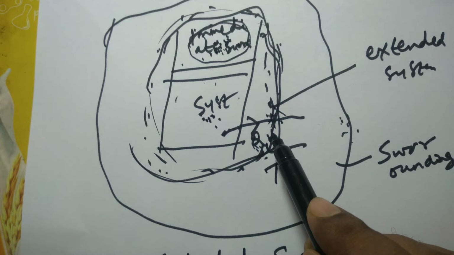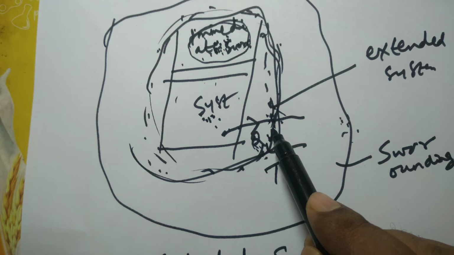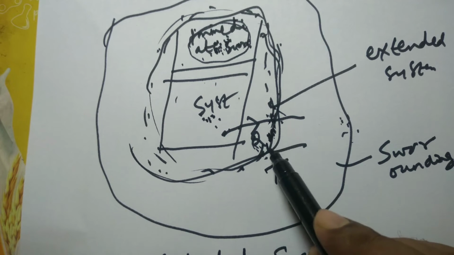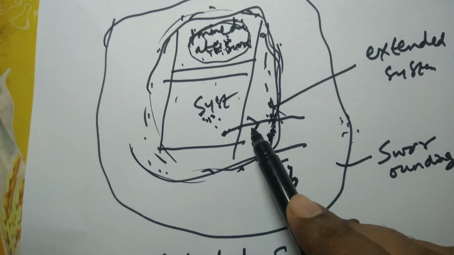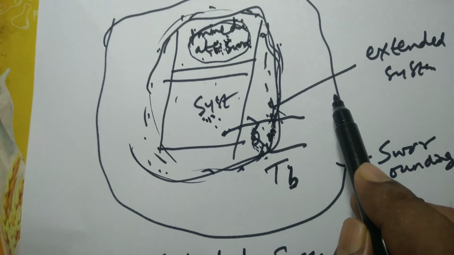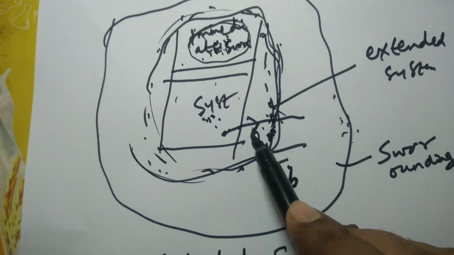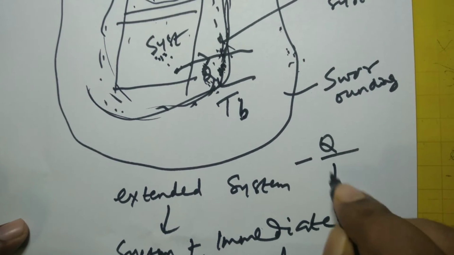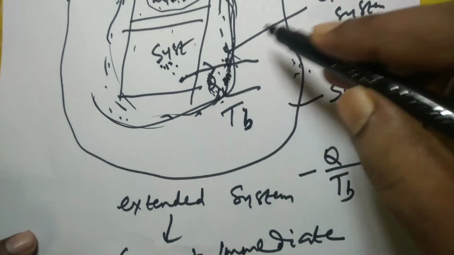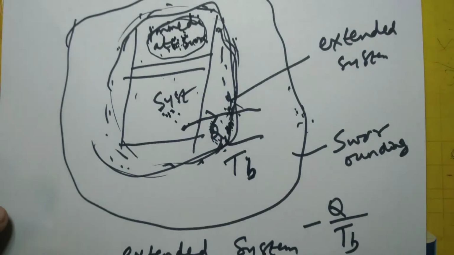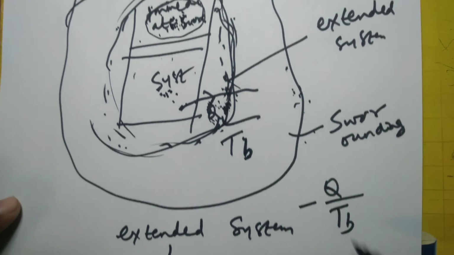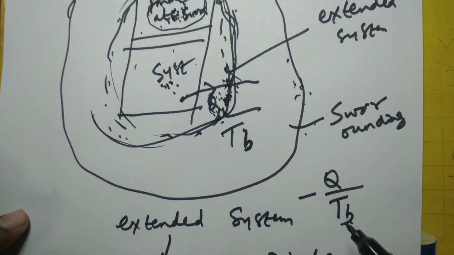If this Q is transferred from this extended system to surrounding, then there is an entropy transfer of minus Q divided by Tb if you consider this extended system for analysis, because the heat is transferred out of this extended system towards surrounding and the temperature is to be taken Tb here.